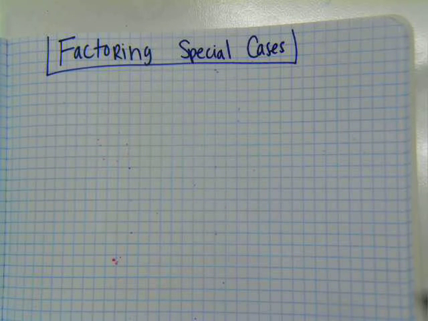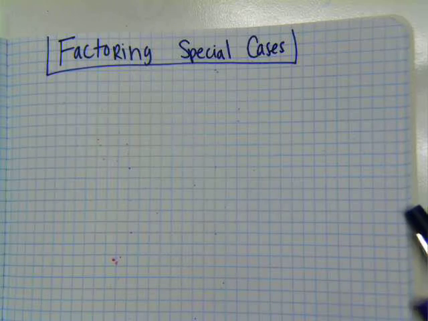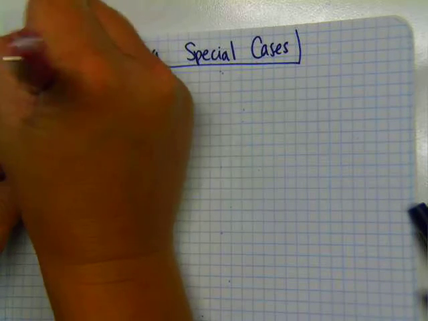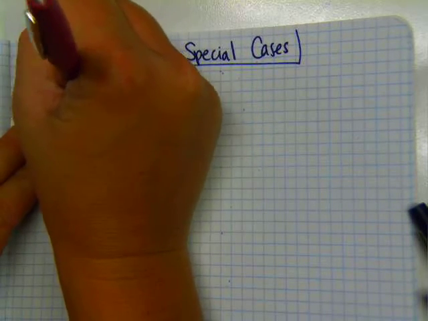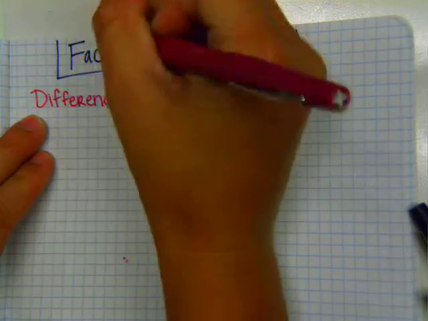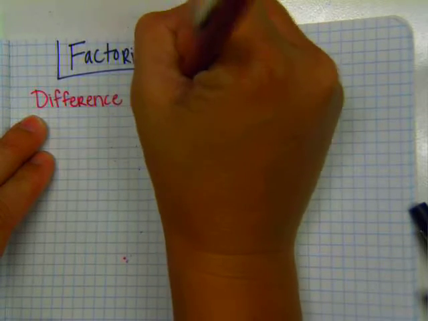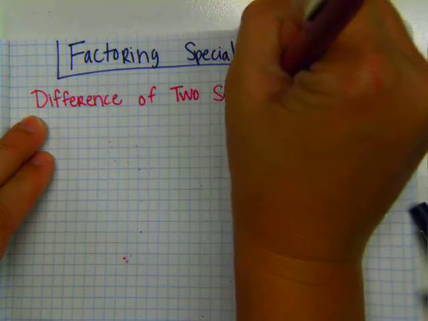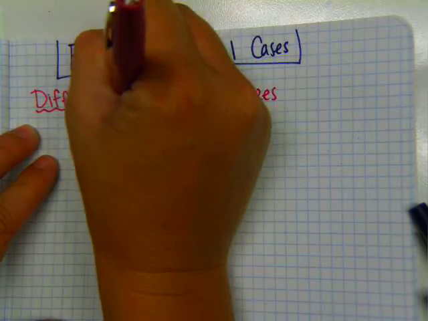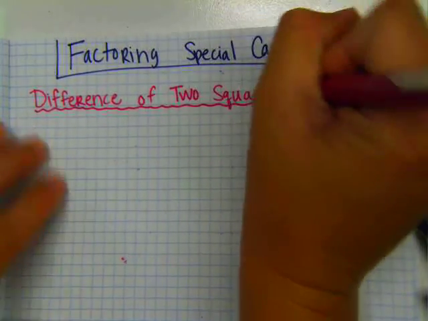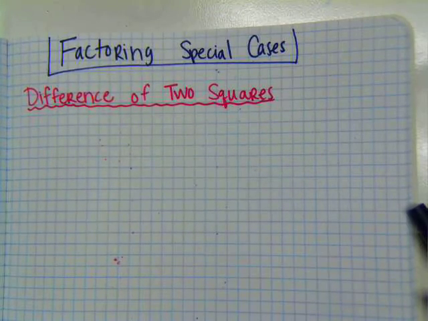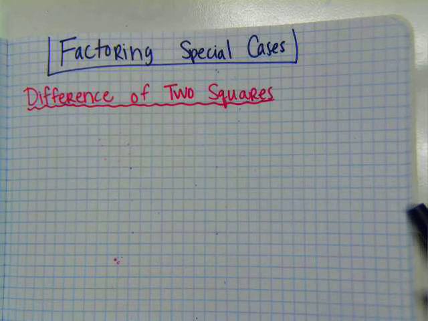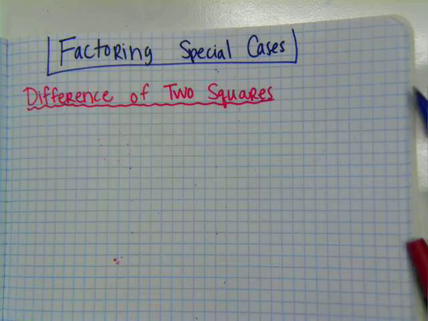The first one is going to be called difference of two squares. Okay, so difference of two squares. And we're just going to do an example.